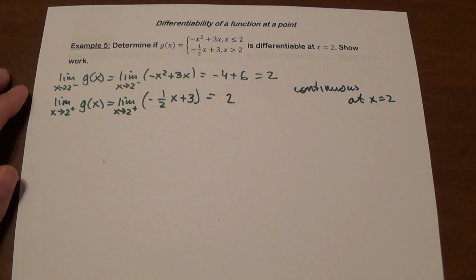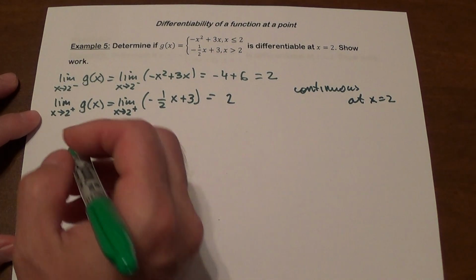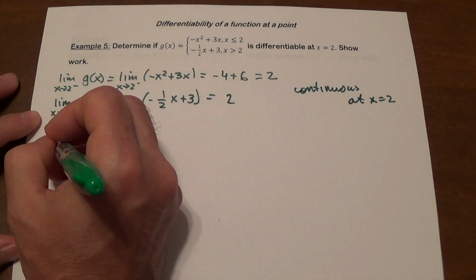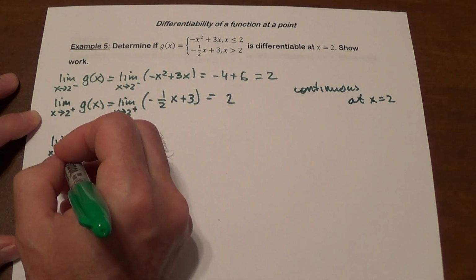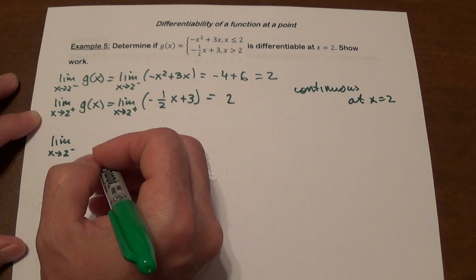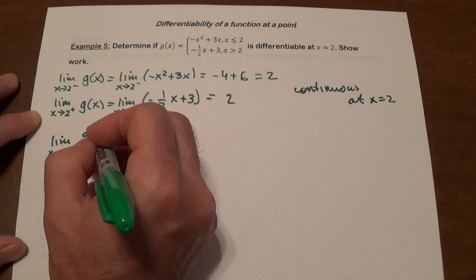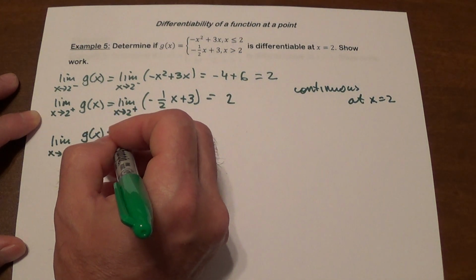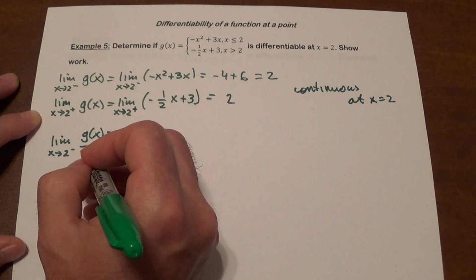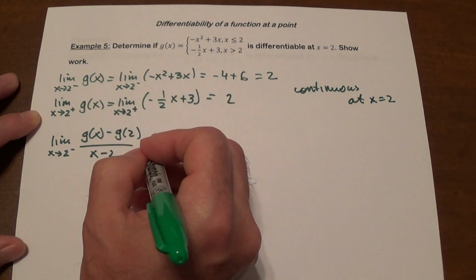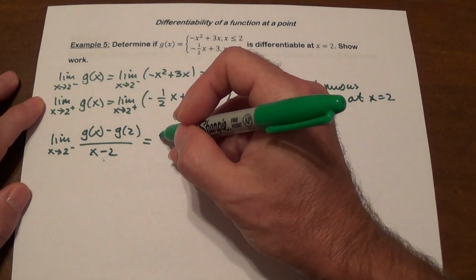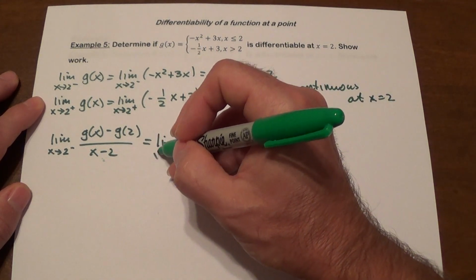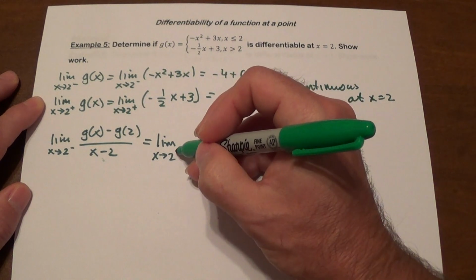Right? So now we can analyze the differentiability. So we're going to have the limit as x approaches 2 from the left of g of x minus g of 2 over x minus 2.